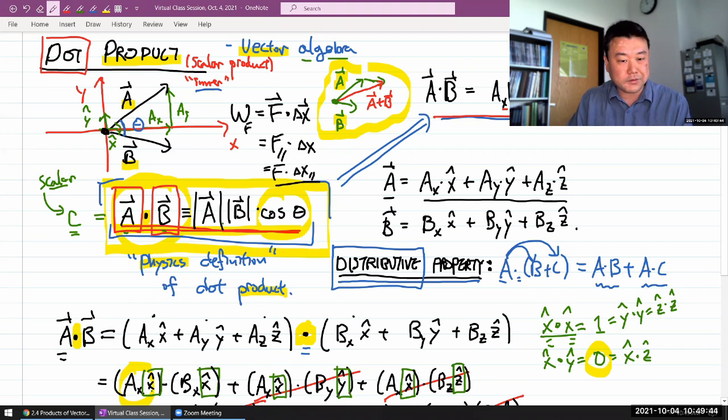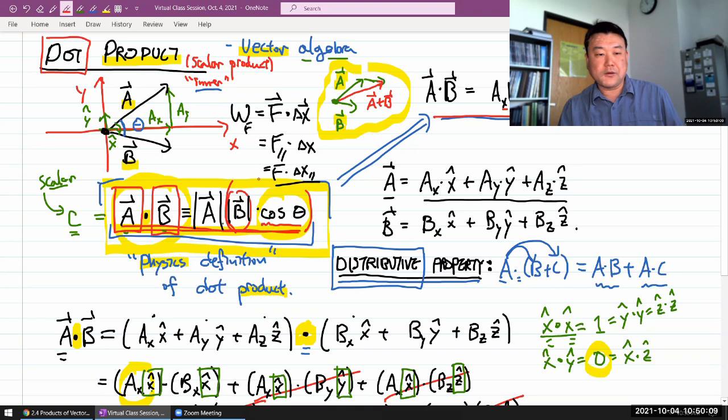Both of these descriptions come down to which of the two magnitudes you are associating cosine theta with, because you could describe this as the projection of b onto the direction along a, or if you had a times cosine theta, you could describe it as the projection of a along the direction of b. So, okay, I think that's the last thing I need to say about that product.